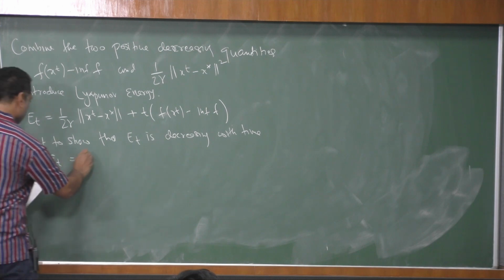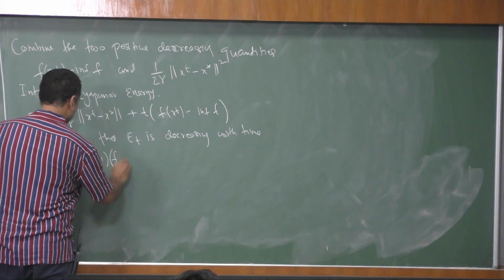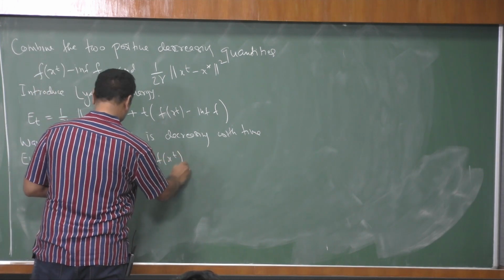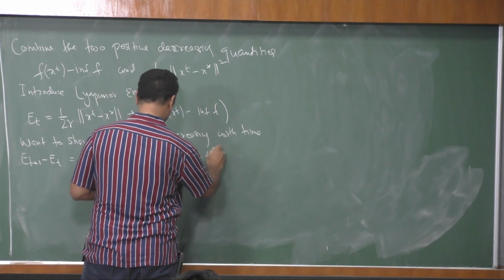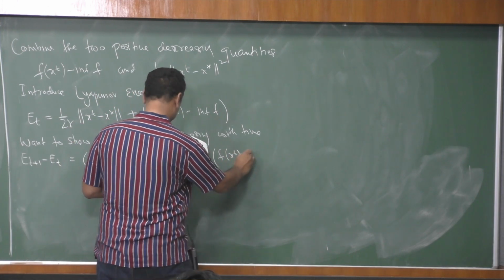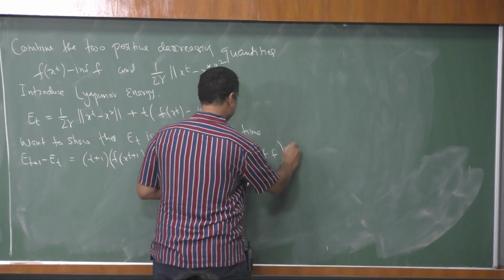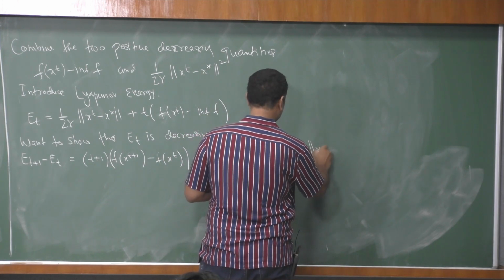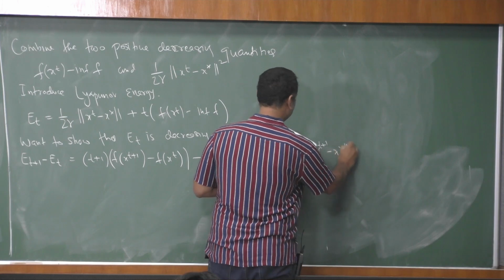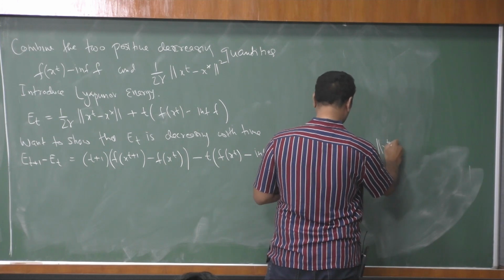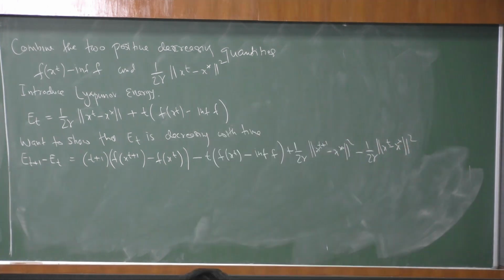So this is t plus 1 times f(xt plus 1) minus infimum of f, minus t times f(xt) minus infimum of f, plus 1 by 2 gamma times the norm of xt plus 1 minus x star squared, minus 1 by 2 gamma times the norm of xt minus x star squared. So we have done ET plus 1 minus ET. Okay, that's what we have done, and rearrange the terms.